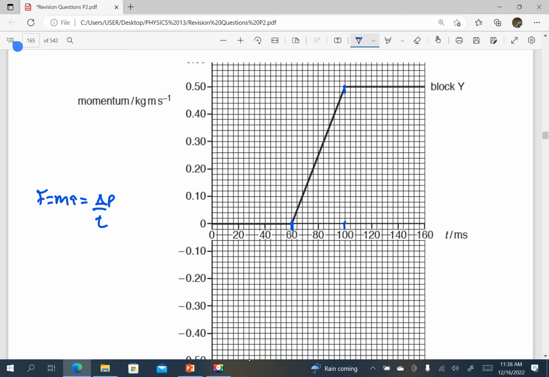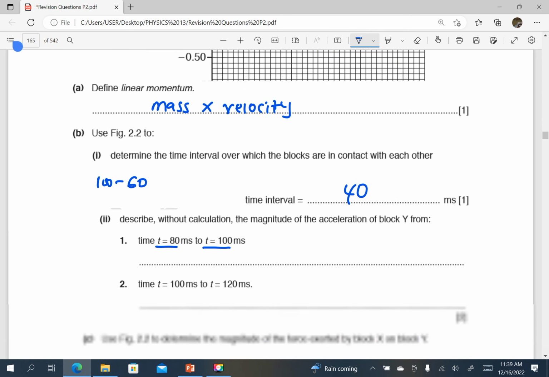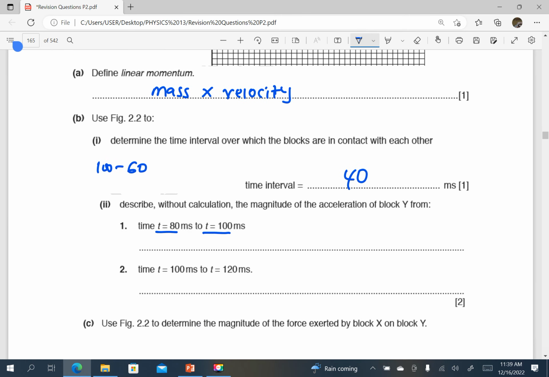It is a straight line, meaning that the gradient is constant, of course not 0. Since it is a constant gradient, the force is constant, so the acceleration is constant, but remember it is not 0. The acceleration here is constant simply because the gradient is constant.